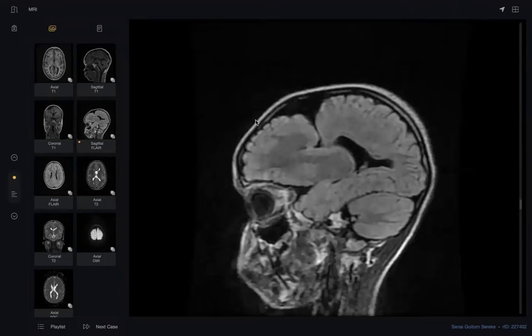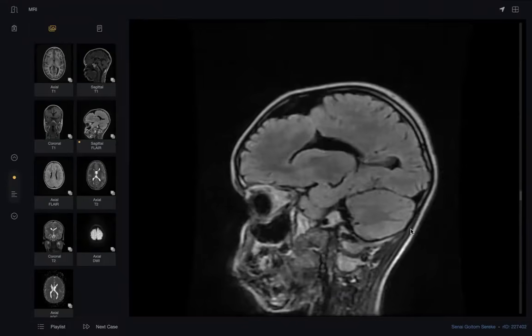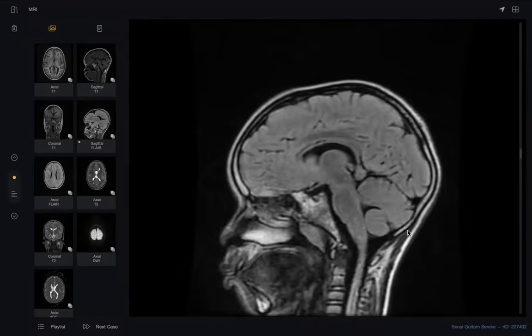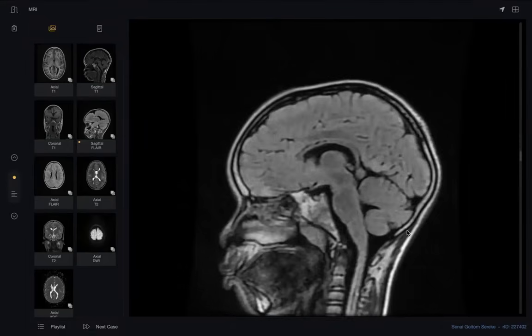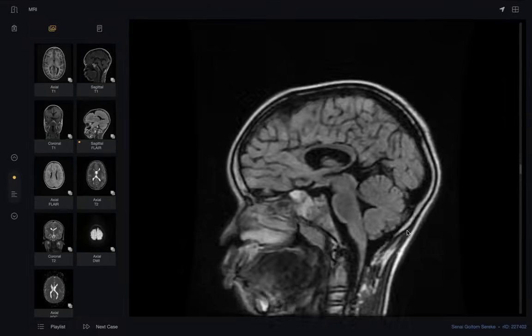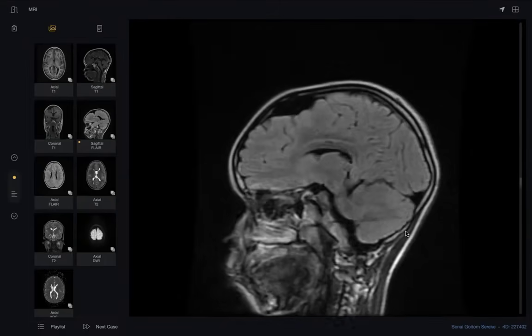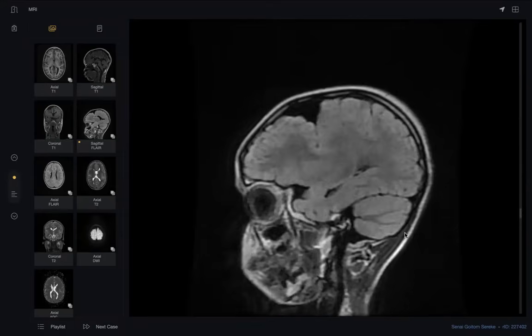On sagittal FLAIR, the corpus callosum is thinned for a patient of 10 years age, so there's dysgenesis of corpus callosum as well.